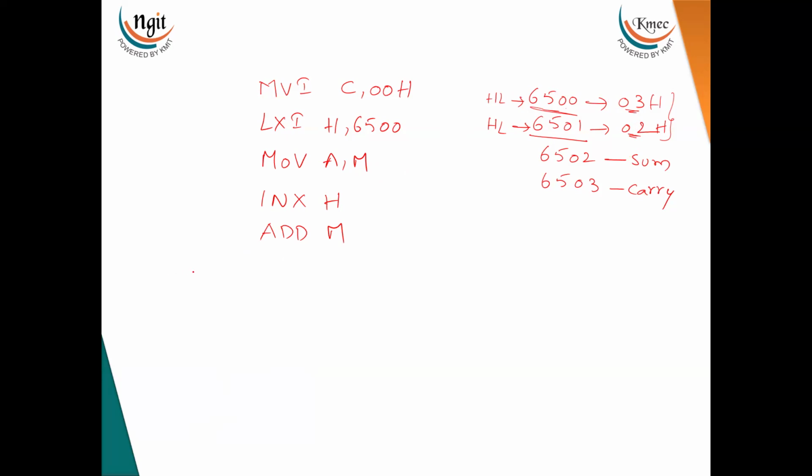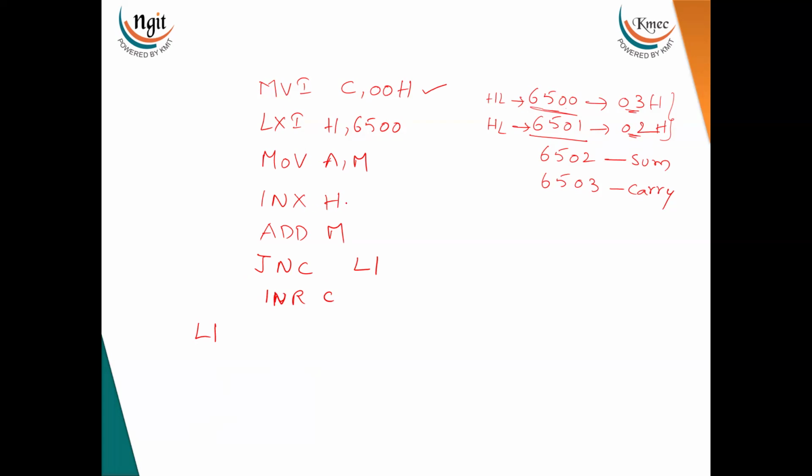After adding, I have to check whether the carry is generated or not. So after the addition, I'm using JNC. If carry is not generated, it has to jump to this location. If carry is generated, then the C register, which I initialized for the carry purpose, is incremented with INR C. Why have I used INR? INR is for incrementing an 8-bit register.